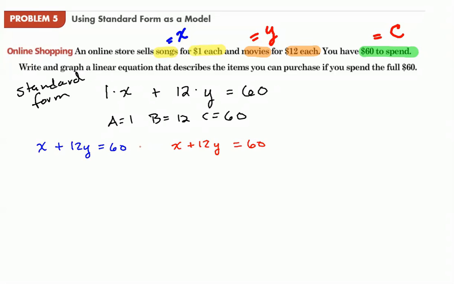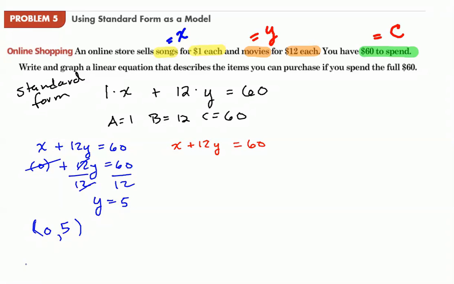So what we're going to do is find the x and y intercepts. For the blue one, we'll make x equal 0 and solve for y. If we solve for y, this is gone, so we're going to divide both sides by 12. And y is going to equal 5. So for y being 5, our x is 0.